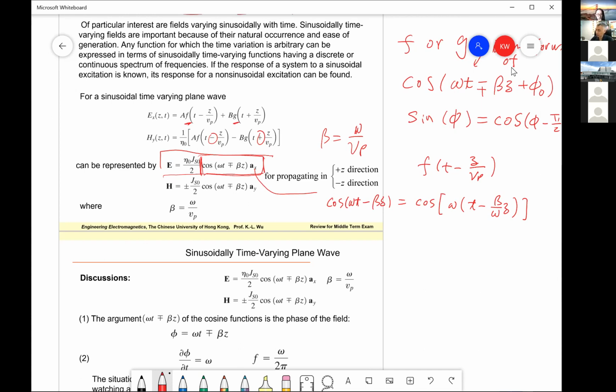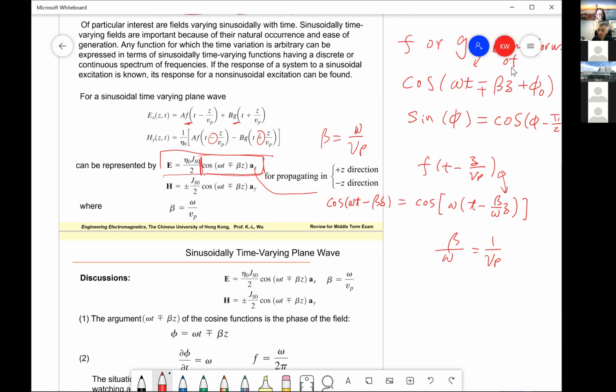So omega times this term is in the same position. You compare these two. I don't have time to discuss more on this. So we can say this is exactly complying with our solution form.